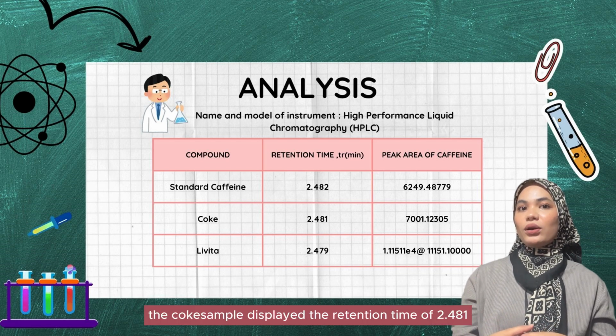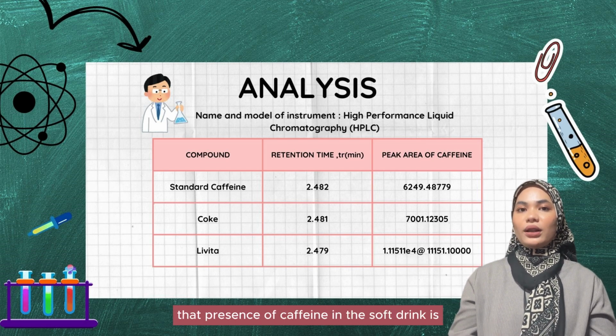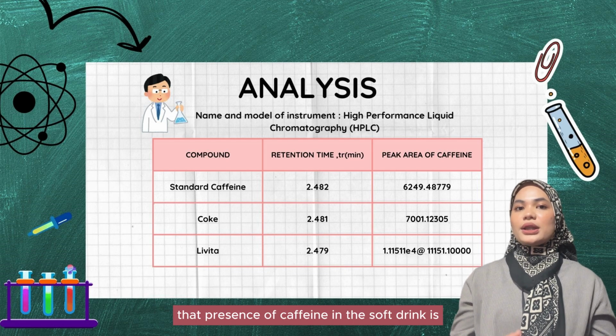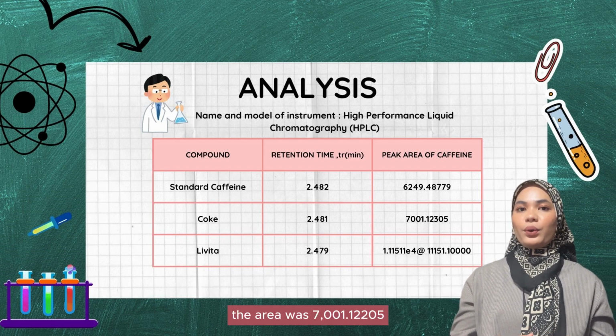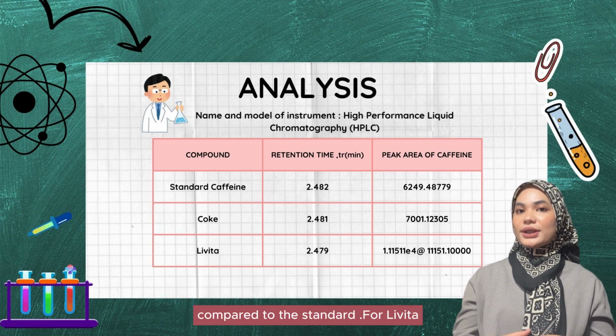After that, the Coke sample displayed a retention time of 2.481 minutes, almost identical to the standard. This confirmed the presence of caffeine in the soft drink. Its peak area was 7,001.12305, indicating a higher concentration of caffeine compared to the standard.